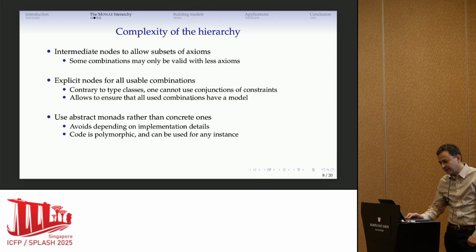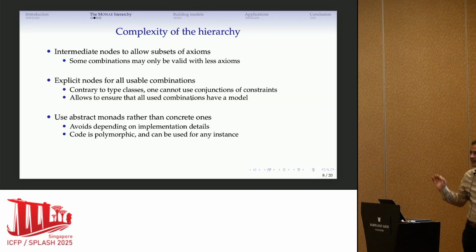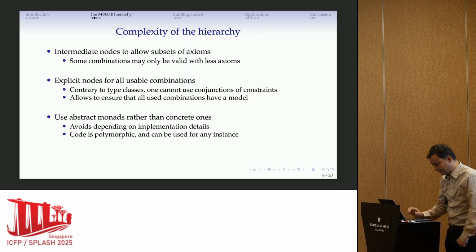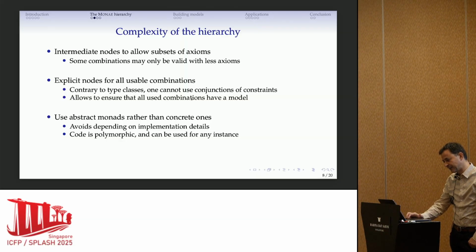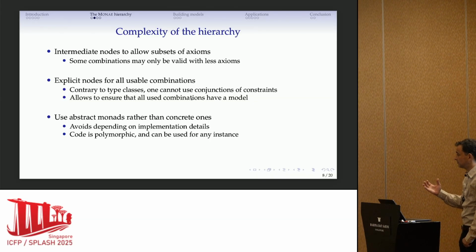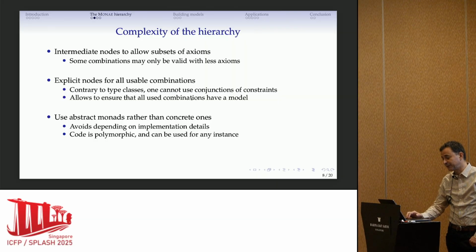And the other point, compared to other libraries doing this kind of thing in Coq, for instance, is that we use abstract models rather than concrete ones. There are two aspects. One, it avoids depending on implementation. I think that's already an important thing.